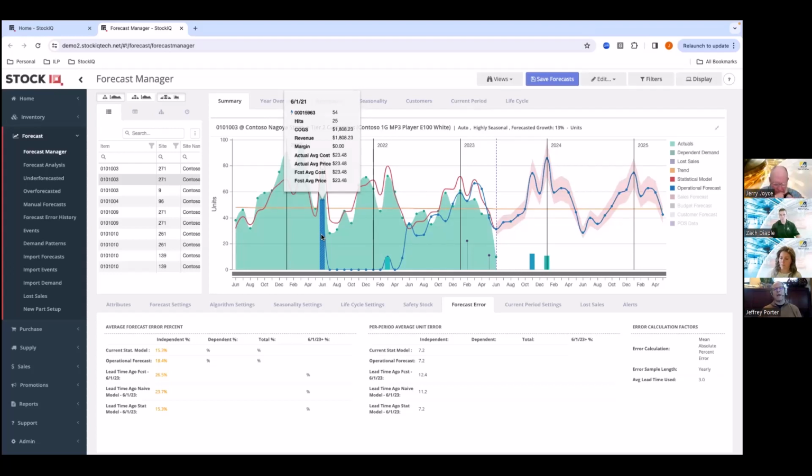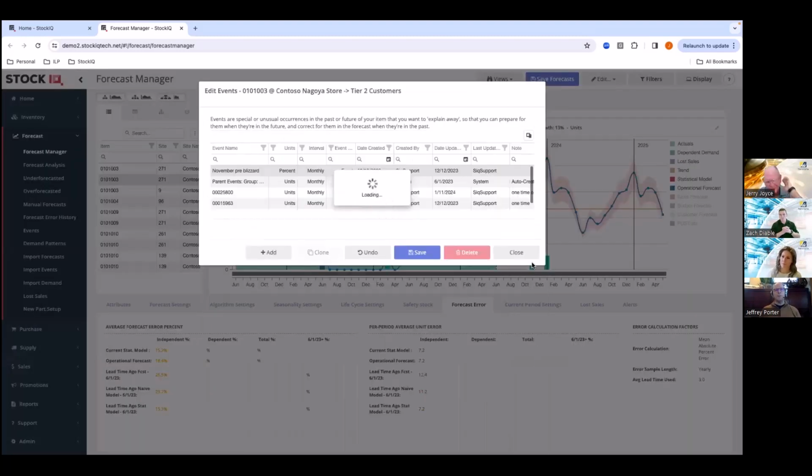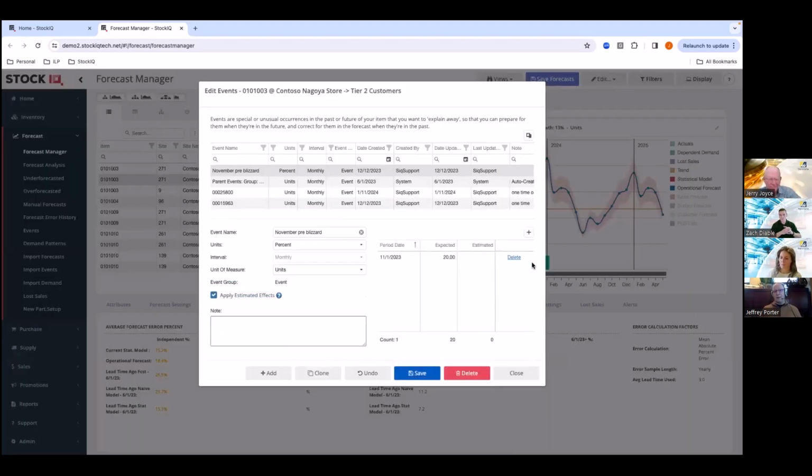The same thing happens with a forward-looking event, which might be a promotion. One of the things that we like collaborating within the organization is bringing folks together to say, what are we doing to influence demand? Maybe a drop in price or some other factor. So here we have a pre-blizzard sale that is going to be occurring. We've estimated in this time period out in here about a 20% lift in overall demand.